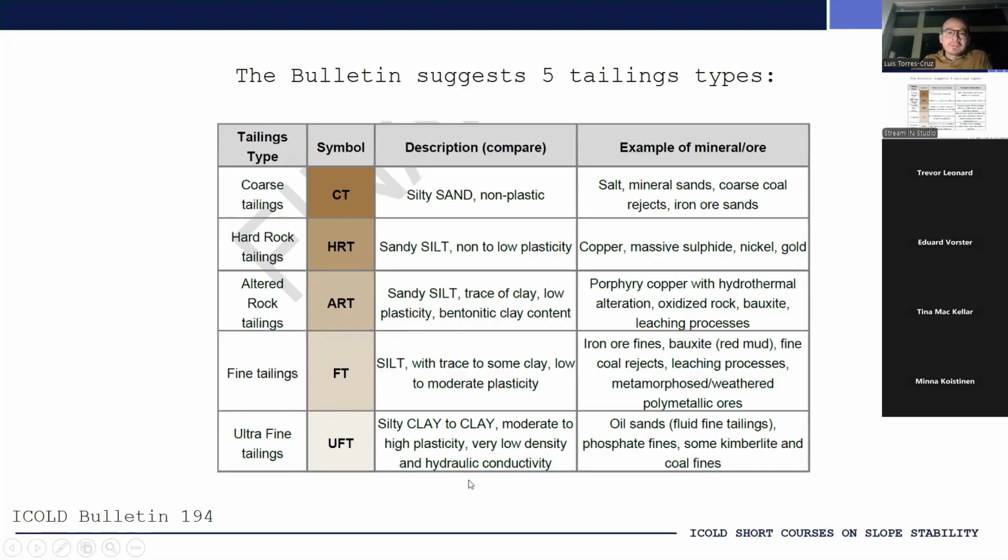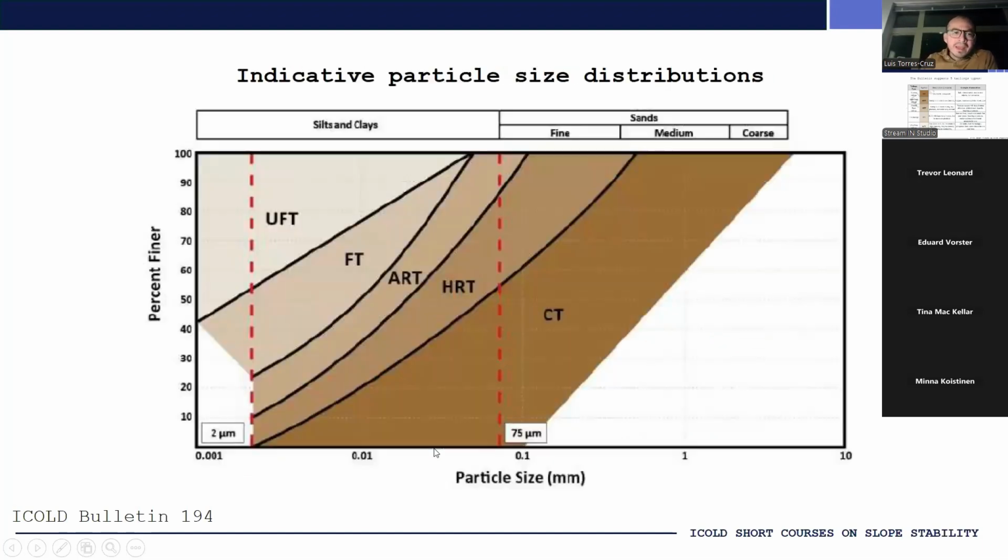Here we have some broad descriptors of each of these 5 categories, and we are also given some reference or indicative particle size distributions of where these might fall: coarse tailings, hard rock tailings, altered rock tailings, fine tailings, and ultra-fine tailings.